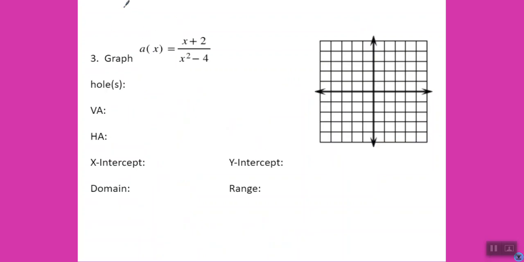For our last example, we're going to see what happens when a factor cancels out. So when we factor our denominator, we get x minus 2 times x plus 2. Since we have an x plus 2 on the top, these factors would cancel out and would leave us with 1 over x minus 2.